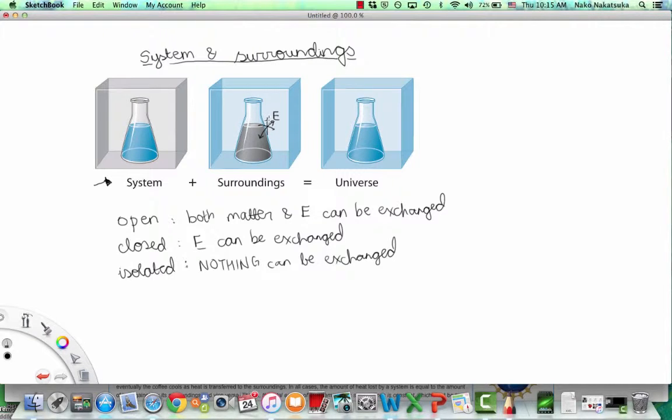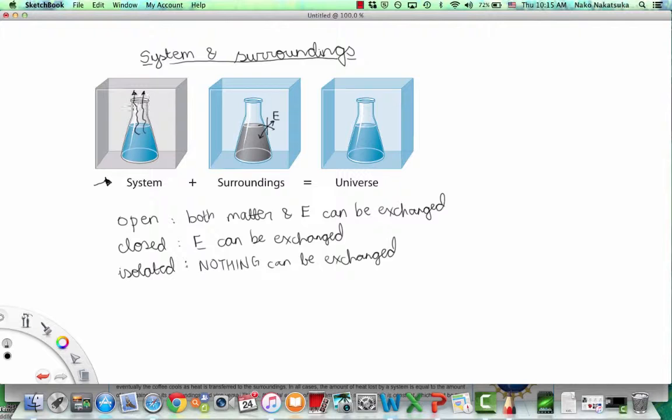So when you talk about a beaker of water, let's say that this is a beaker of water, water can evaporate and the beaker does not insulate it, right? So basically, if water can evaporate out of here, it means that this system is open. Matter is being exchanged, energy can be released, it's just an open system.